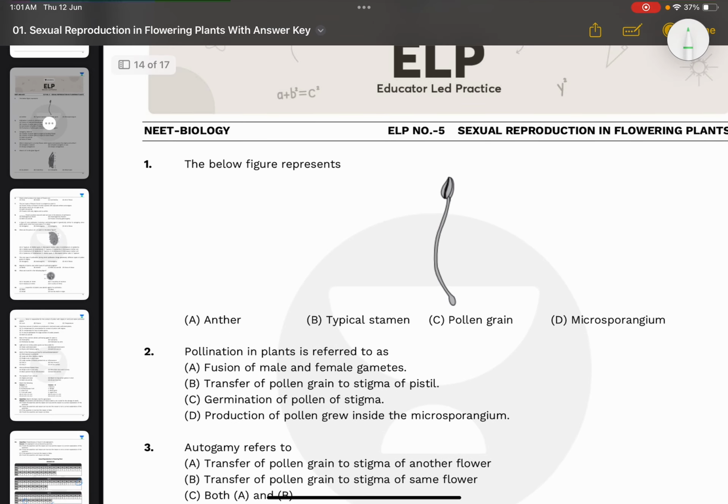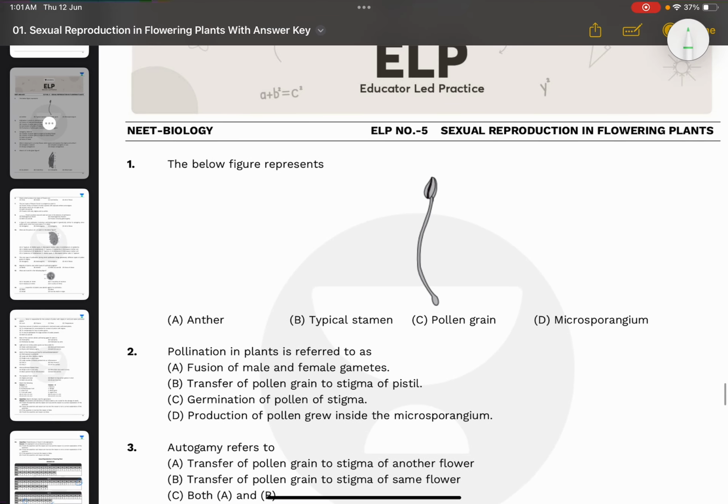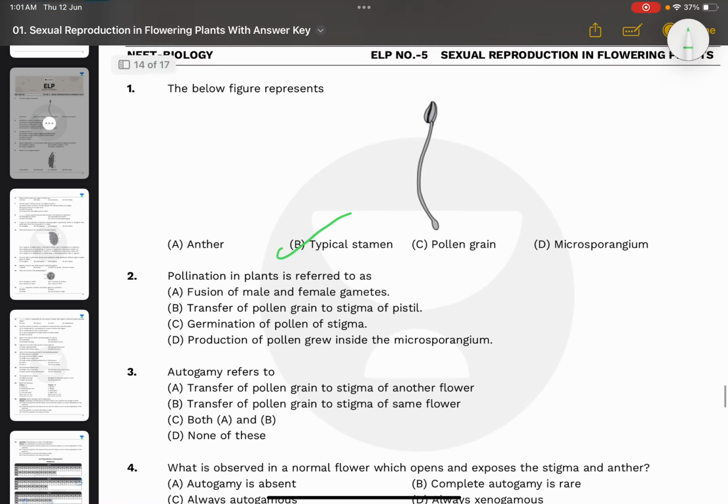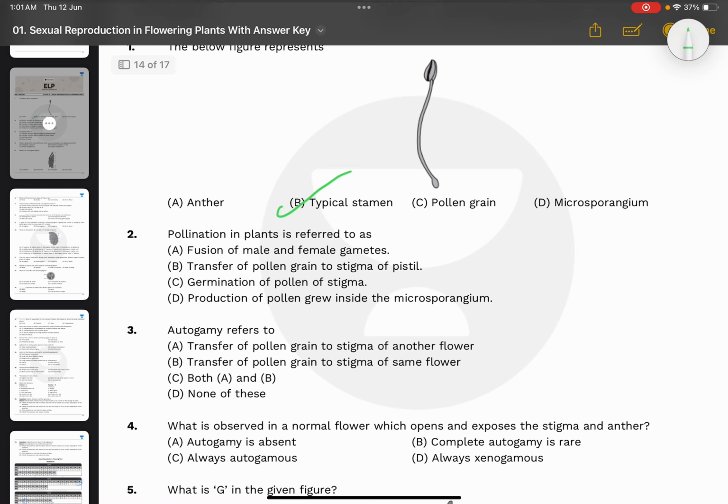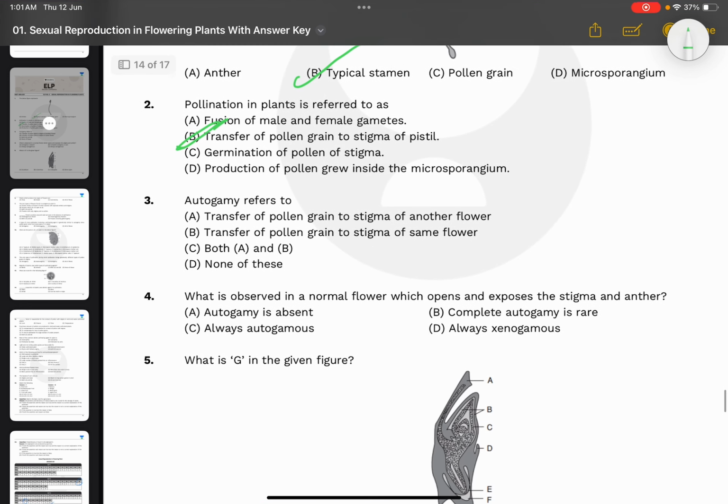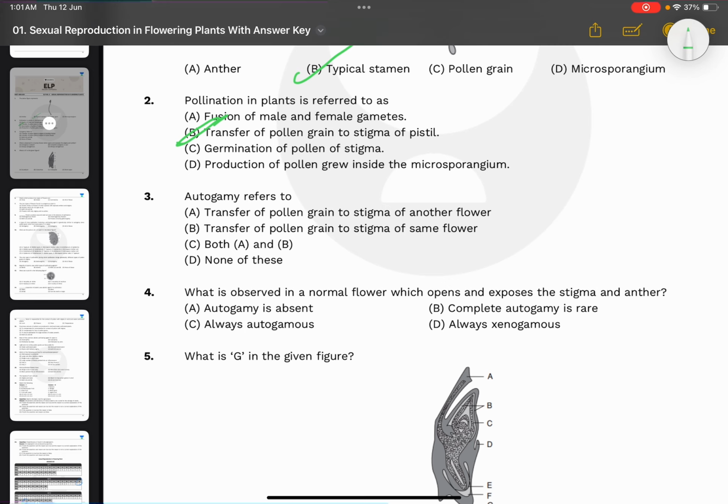Starting with the below figure, what does it represent? A typical stamen. Pollination in a plant is referred to as transfer of pollen grain from anther to stigma of pistil. Autogamy refers to transfer of pollen grain to the stigma of the same flower.